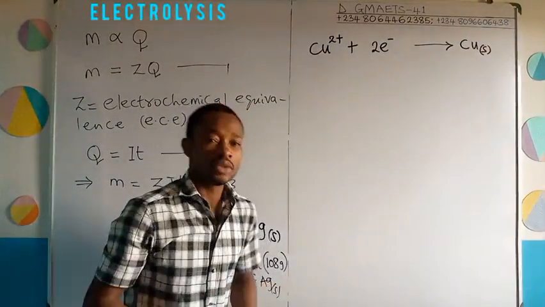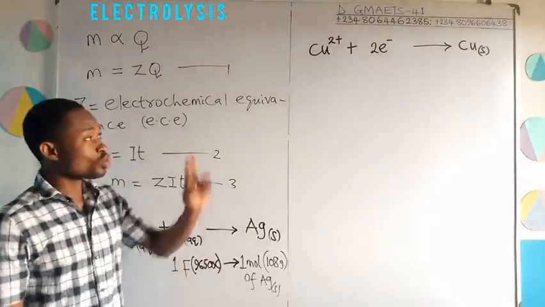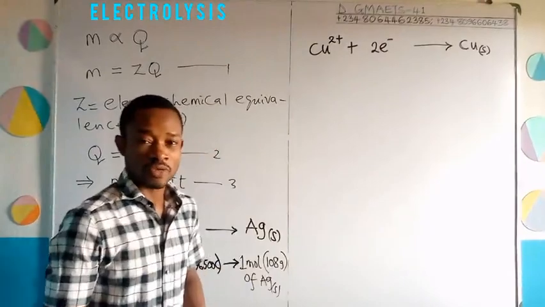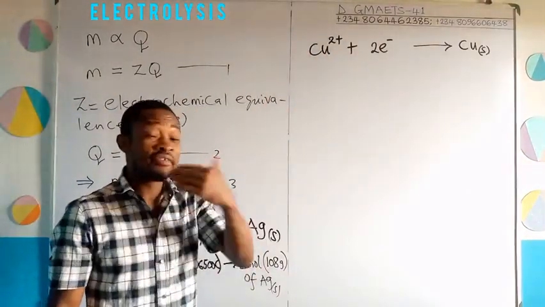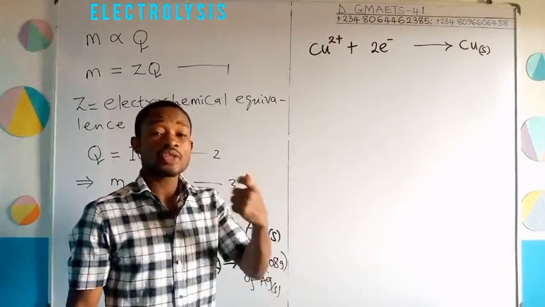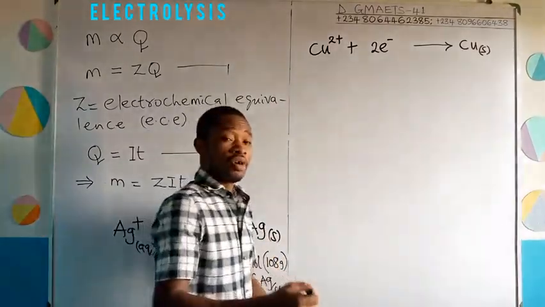Now these 2 electrons will be equivalent to how many Faraday? If 1 electron is 1 Faraday, 2 electrons is definitely 2 Faraday, which means every divalent metal will require 2 Faraday to deposit 1 mole of it, which is equal to a relative atomic mass of it.